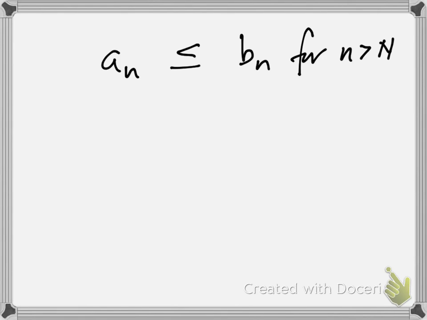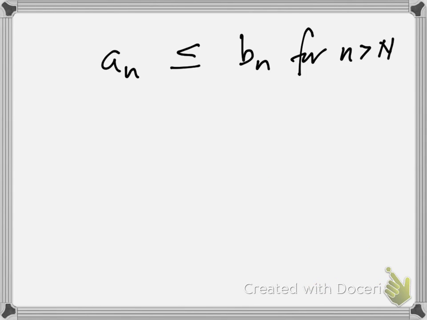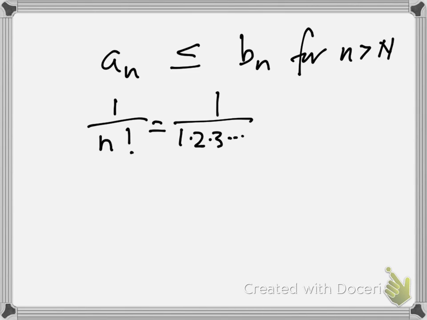But how big should n be? A moment ago we saw that as long as n is bigger than 4, it will be true, because initially it's not true. For n equals to 2, n equals to 3 it is not true, but eventually it will become true. So here's what I do. 1 over n factorial is really 1 over 1 times 2 times 3 all the way to n, whereas 1 over n squared is just 1 over n times n, right?